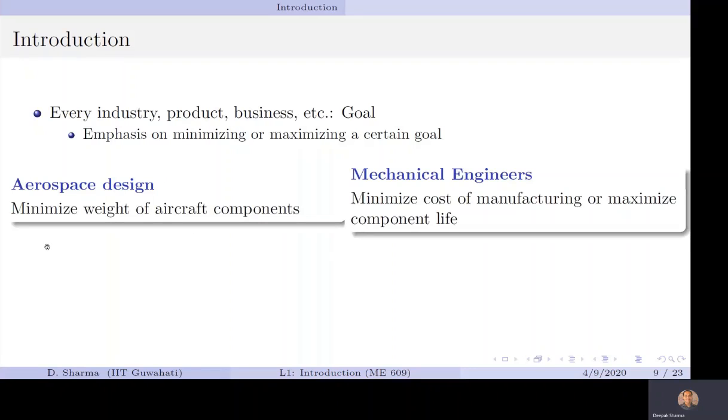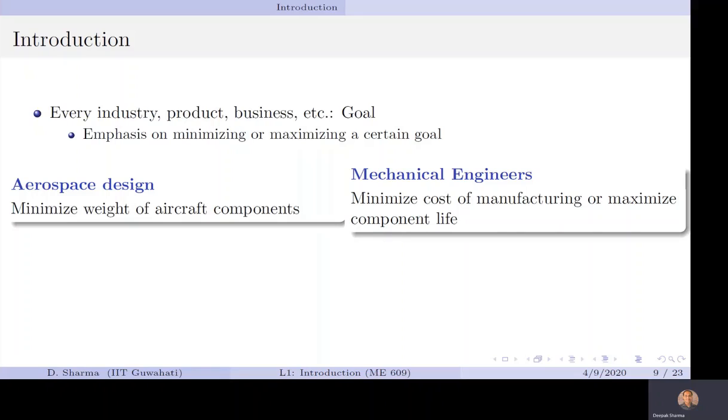For example, in aerospace design, aerospace engineers will work on minimizing the weight of aircraft components. Similarly, mechanical engineers would be working on minimizing the cost of manufacturing or maximizing the life of a component. I am just giving you a few examples.